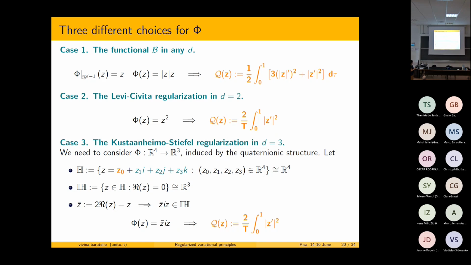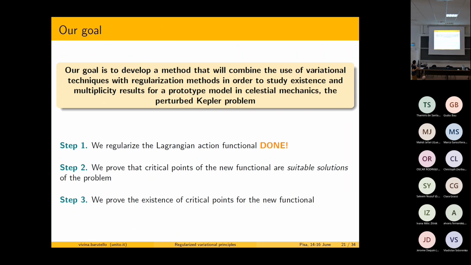And the way that we use this regularization is by means of the quaternionic structure. It's quite normal to do that. And the homogeneous function phi that we consider is this one. Also, the role of this function is important in this transformation that we consider.